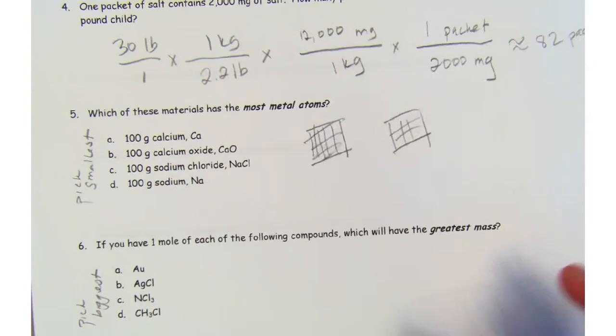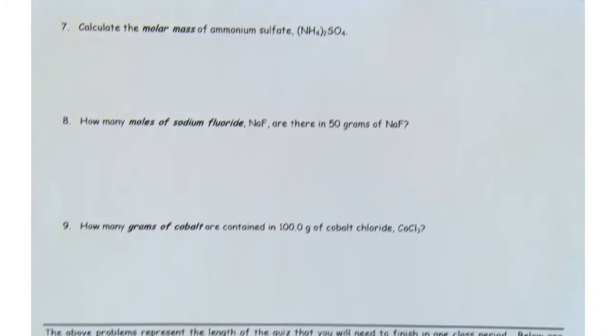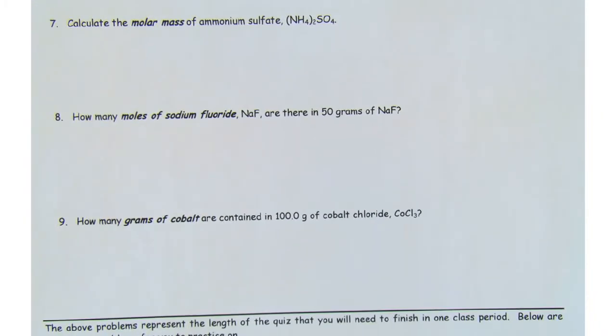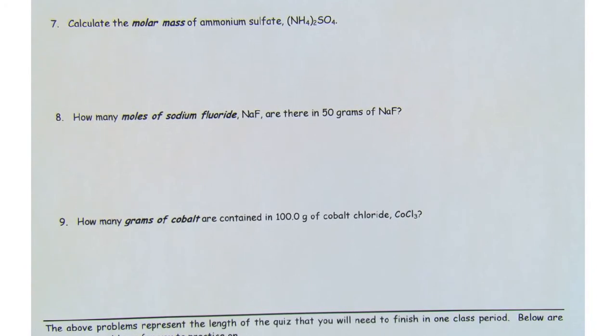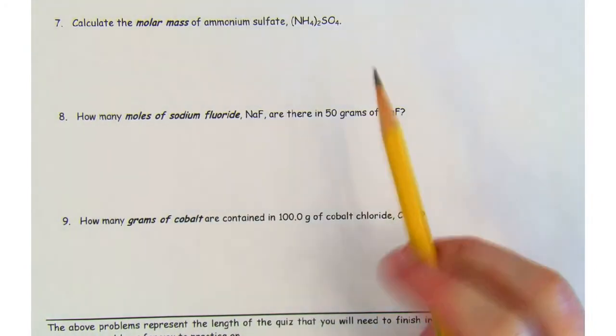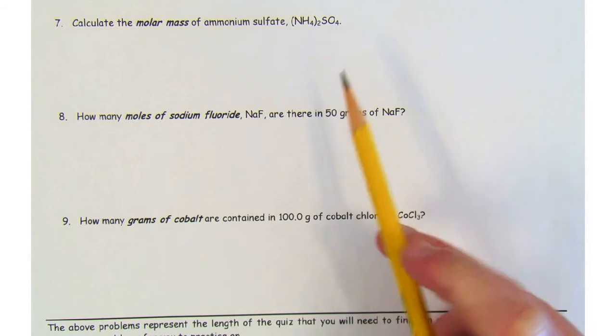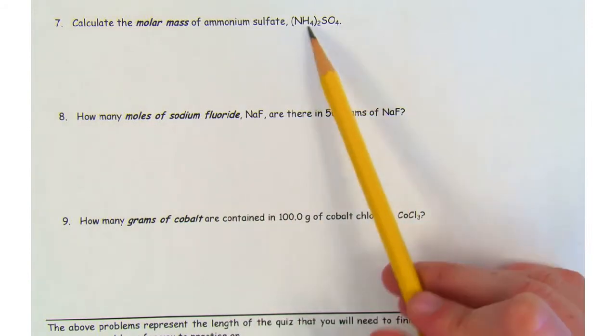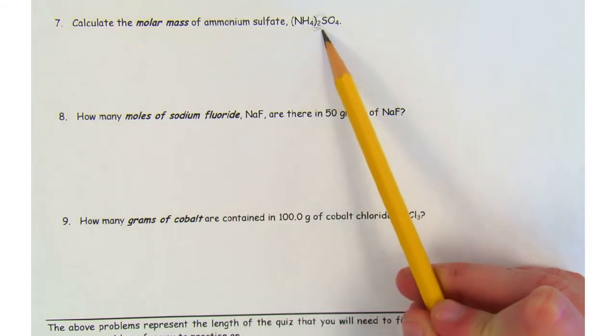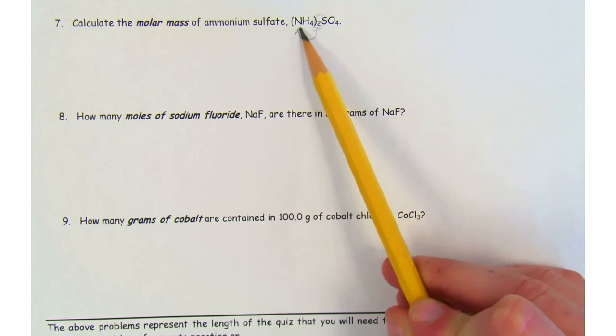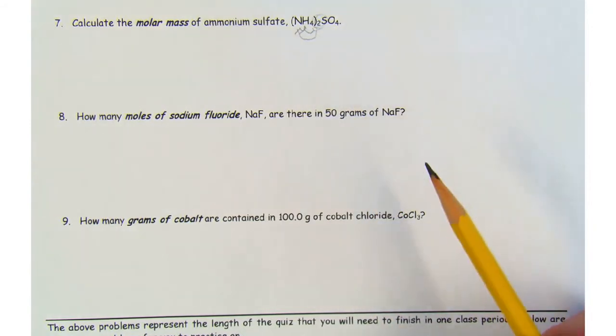Okay? I'm moving on to the back side now. Calculate the molar mass of ammonium sulfate. So it may be a little bit confusing because of these parentheses, but really there's no need to be confused. This 2 just applies to everything on the inside.